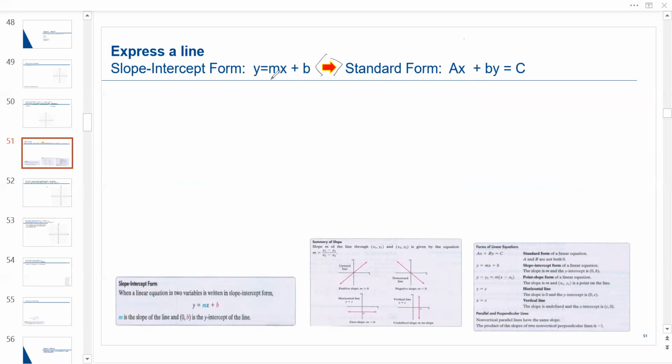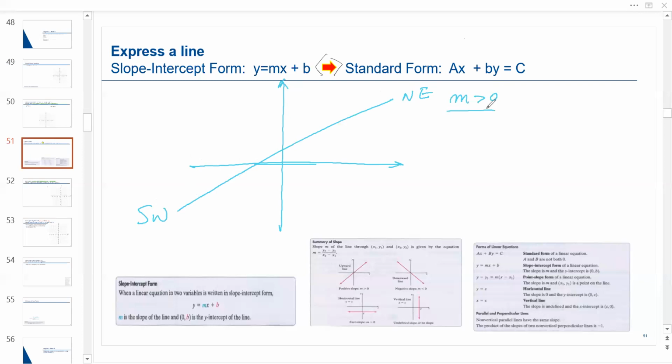When we graph lines, keep this in mind. When graphing different lines, if the line goes from southwest to northeast, the slope is always greater than 0.